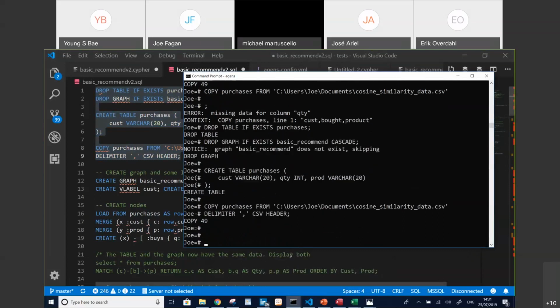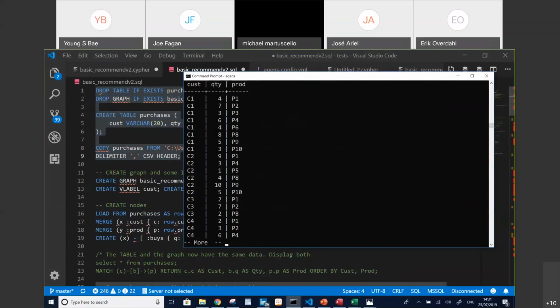Okay, and now if we run this statement, we will see that we have the data. C1 bought 4 of P1, C1 bought 7 of P2, and so forth. Right, so that's now in a table.